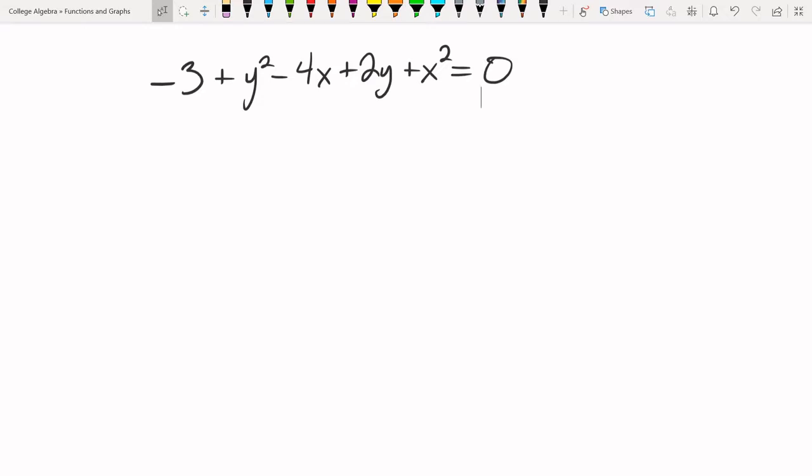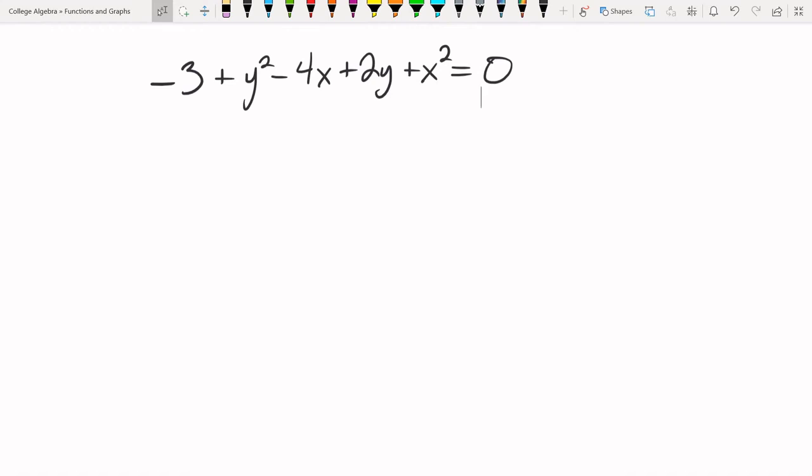Sometimes the equation of a circle isn't given in standard form, the x minus h squared plus y minus k squared equals r squared. We can get it into standard form by using what's called completion of the square. So this is a circle, and we can rewrite this in standard form by completing the square.